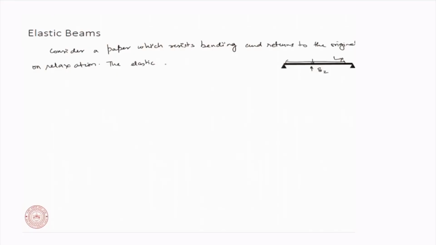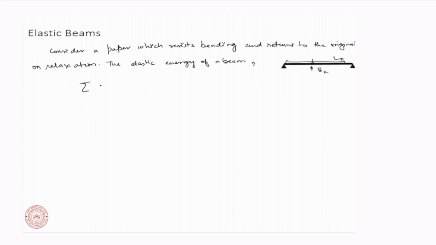The elastic energy of a beam is not just composed of stretching. In earlier terms, it was only proportional to the change in length multiplied with the tension. So, that term is still there, that change in length into tension term is still there, that is called stretching, but we also have a bending energy attached.